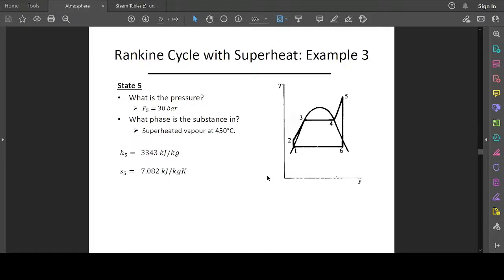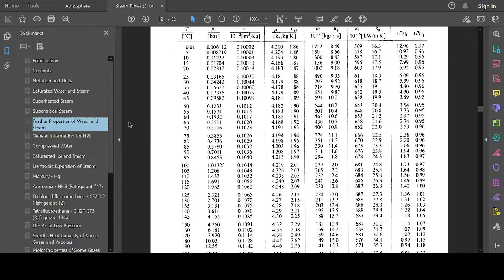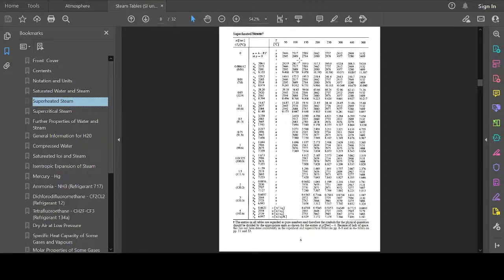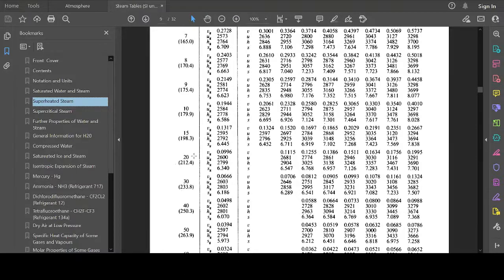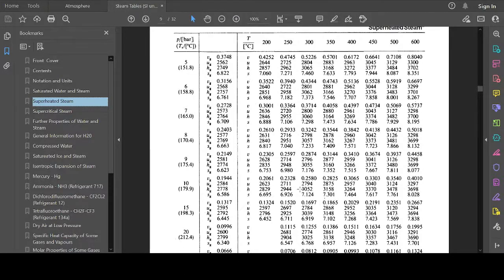Now at stage 5, pressure is constant at 30 bar, but the temperature increased to 450 degrees Celsius, which is superheated. Then we go to the superheated section of the steam table and look for pressure at 30 bar. If we scroll down, we have 30 bar. Where is 450? So this is 450.